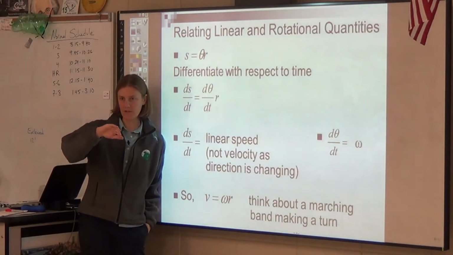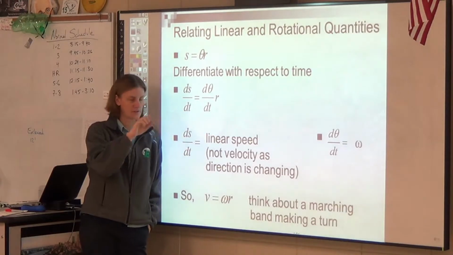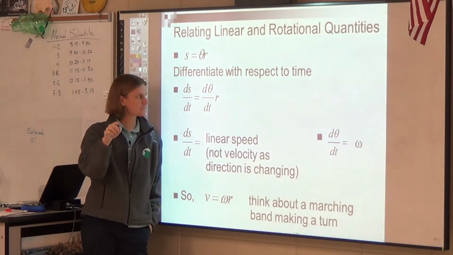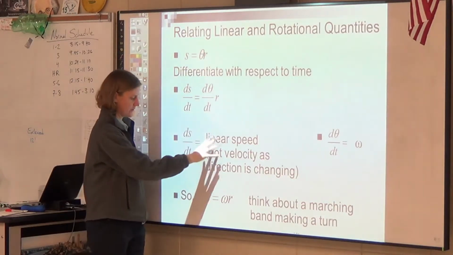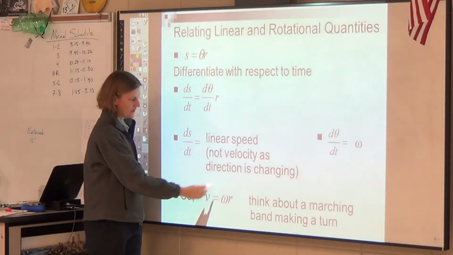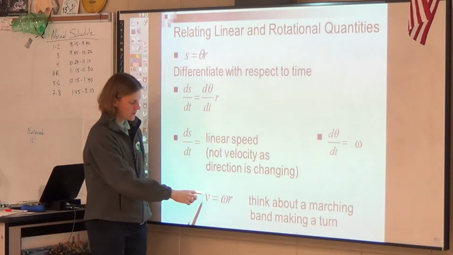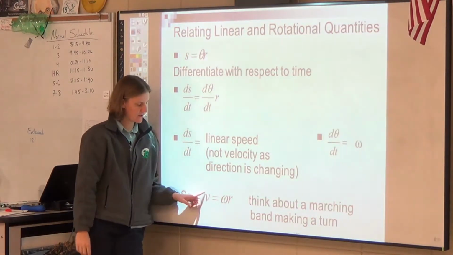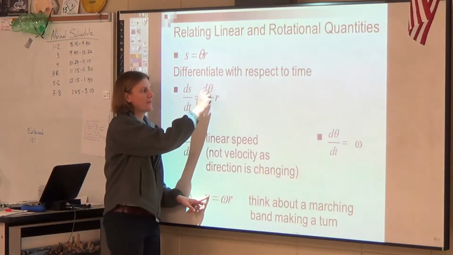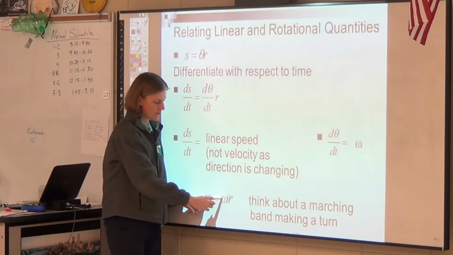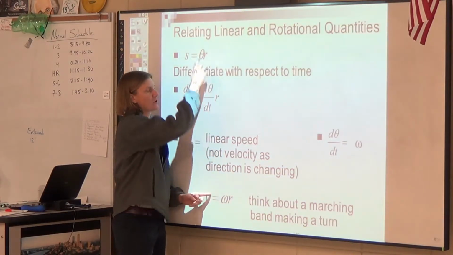Yes, it's curved, but it is the linear distance. Let's say a point on the rim is traveling. So we're going to essentially call that the speed, the velocity. But don't actually call it the velocity because the direction is ever changing. So that is our speed. Over here, if we're taking the derivative of the angle, that we know is omega. That's our angular speed. And then, of course, r is still just there.